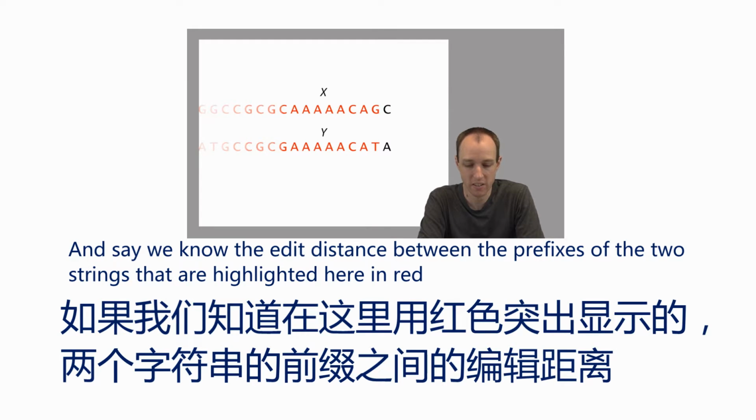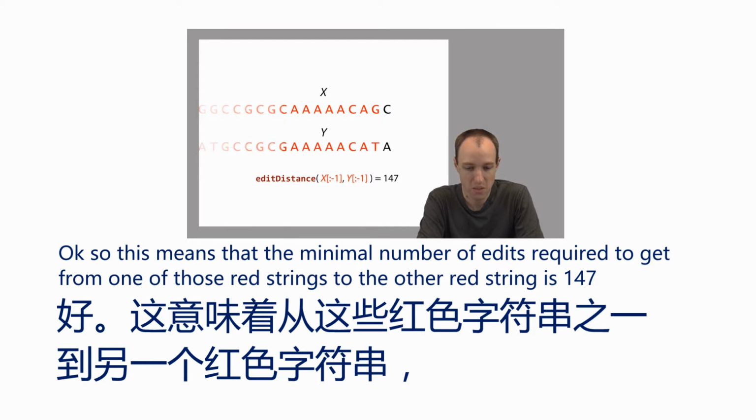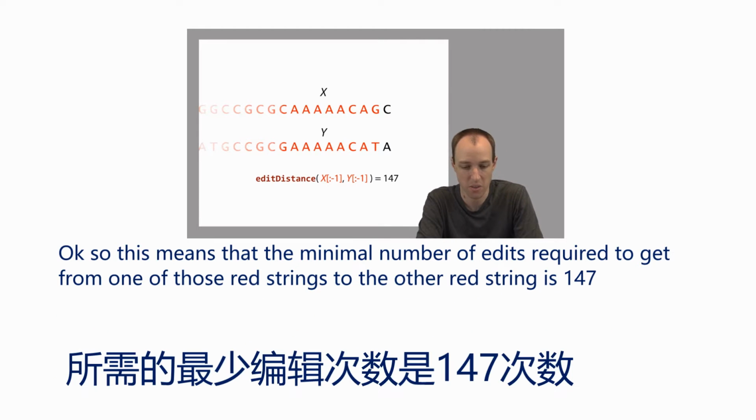And say we know the edit distance between the prefixes of the two strings that are highlighted here in red. And let's say the edit distance between those two prefixes is 147. Okay, so this means that the minimal number of edits required to get from one of those red strings to the other red string is 147.